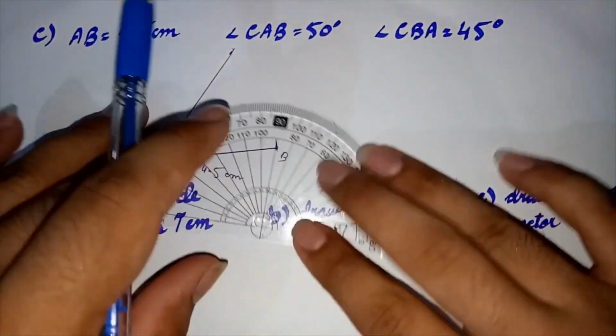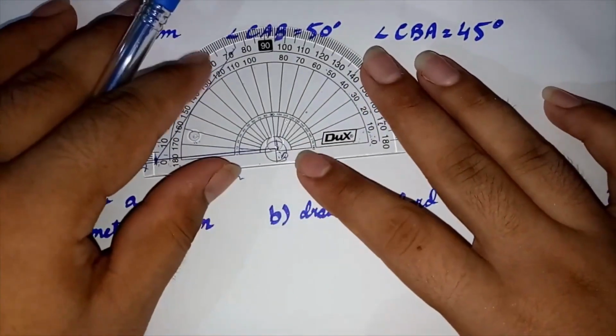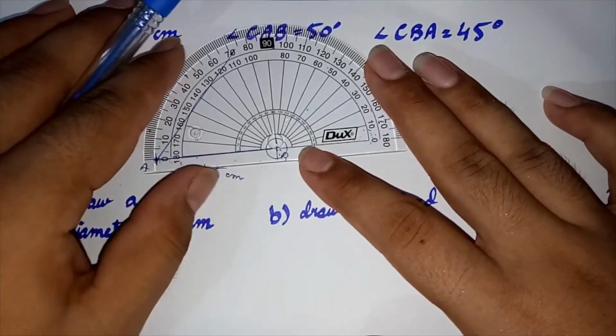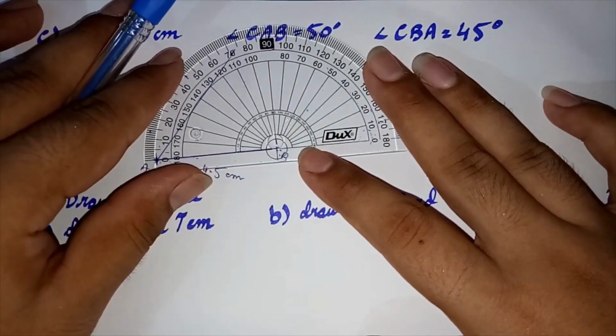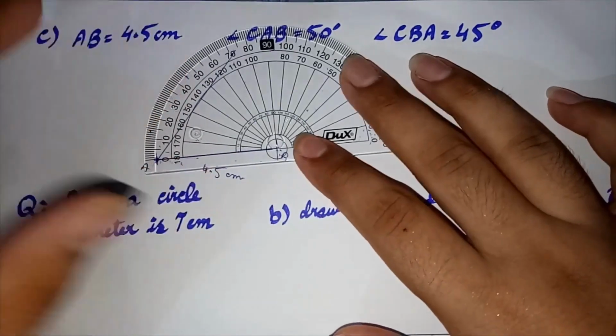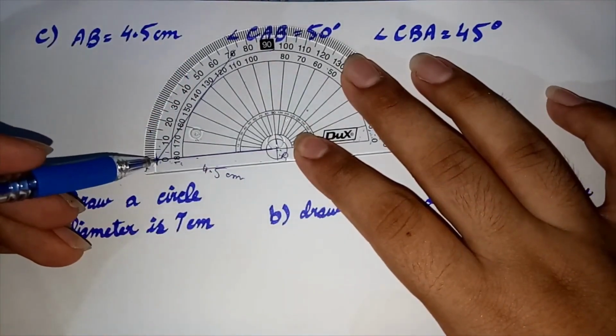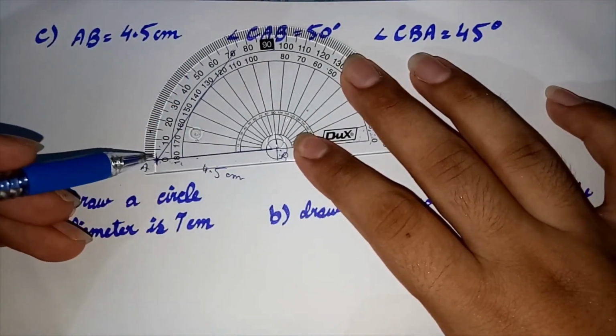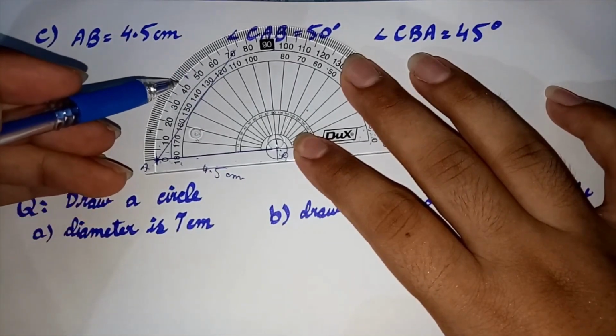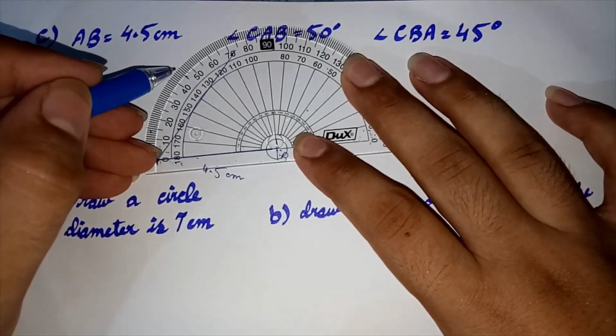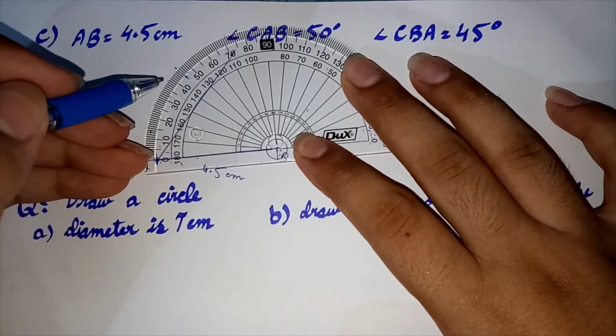Alright, and now we have to make an angle of 45 on B point. Here we have our point B. We will put this one here and this line here, and now we will start counting from this zero because now this is our baseline. So from this zero we have to make 45 degrees. Here we have 40, here we have 45 degrees, this one.